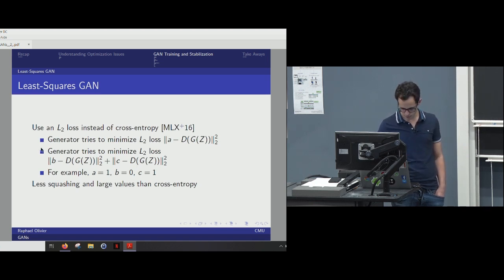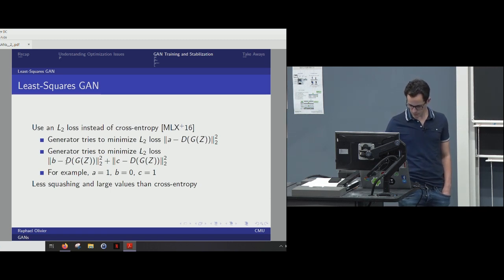There's a typo here, sorry, the discriminator is trying to minimize the loss by projecting. I should have changed that. So for the real data, forget the G that's here. The real data is projecting onto a B, and the fake data is projecting onto a C.